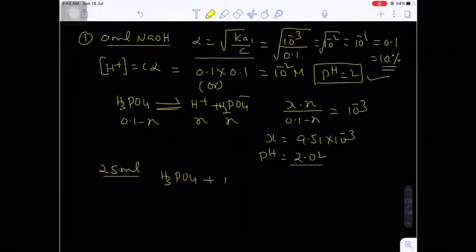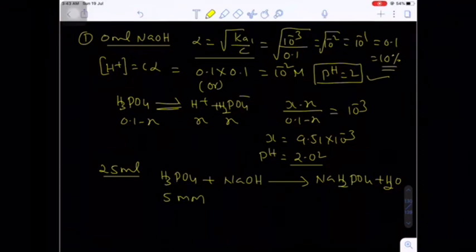Now here, I am adding how many ml of NaOH? 25 ml. Now write the equation between phosphoric acid and sodium hydroxide. First ionization here: sodium dihydrogen phosphate is the salt formed, and H2O.